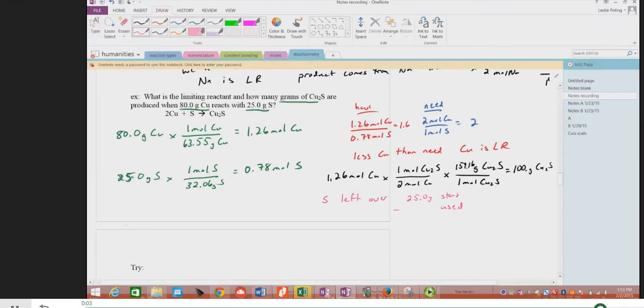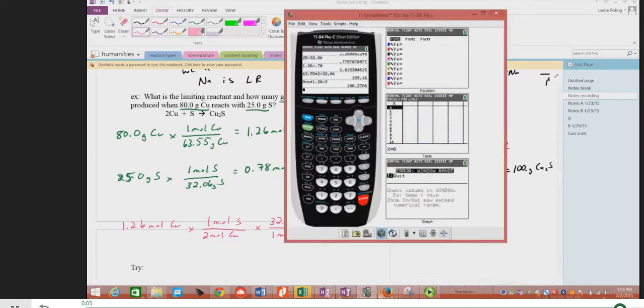So how much did we use? 1.26 moles of copper, 2 moles of copper, 1 mole of sulfur, 1 mole of sulfur, 32.06 grams of sulfur. 1.26 divided by 2 times 32.06.